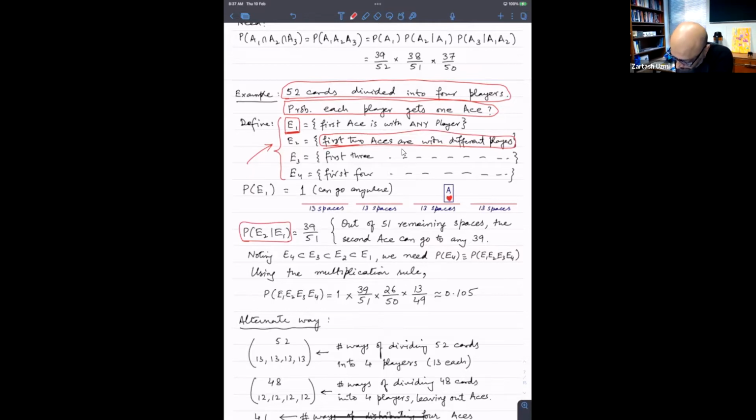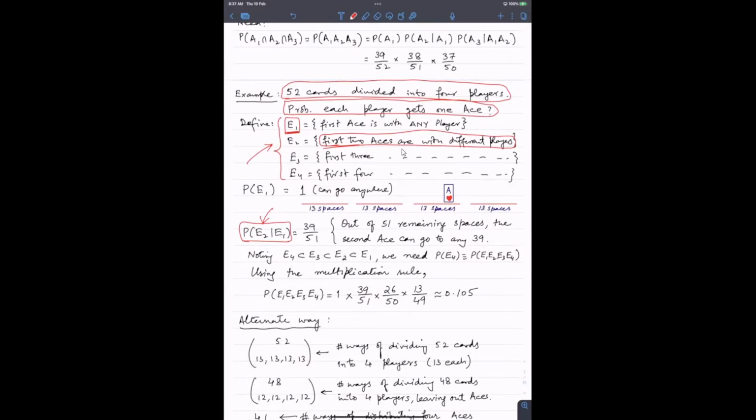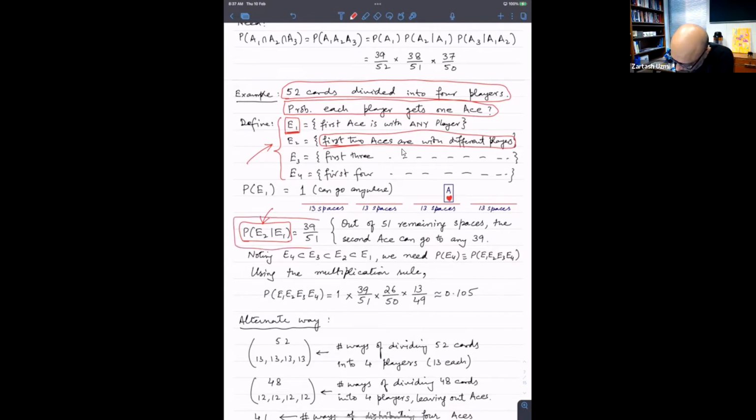But think about it, probability of E2 given E1, I have given the first ace to one player. Now the second ace could go to any of the 3 players, and this thing is, since we have many other cards as well to distribute. It's not that we only have to distribute aces, I have to distribute the other cards too.